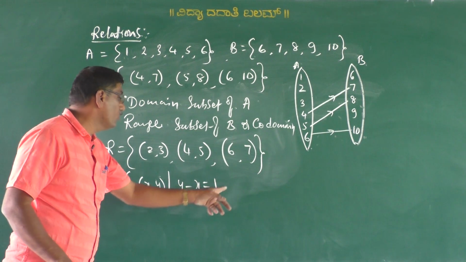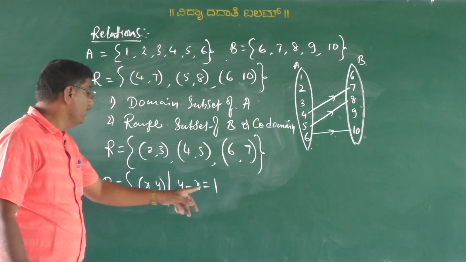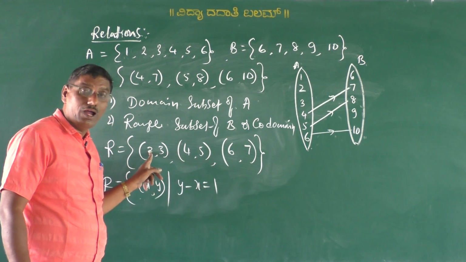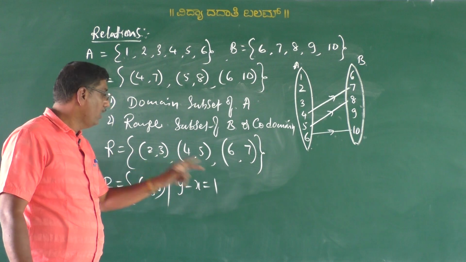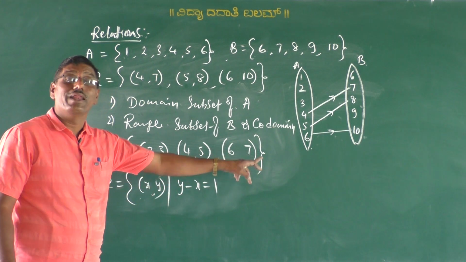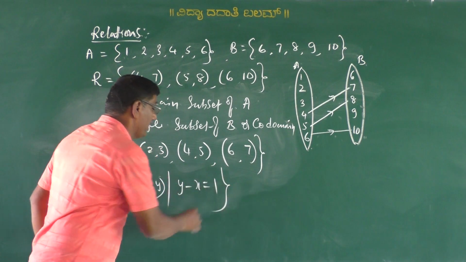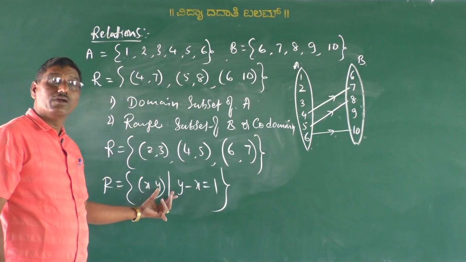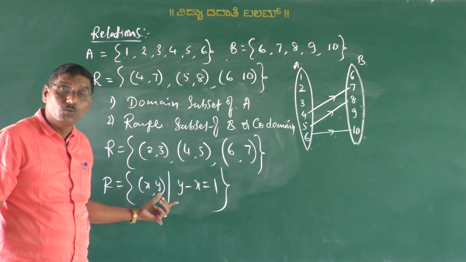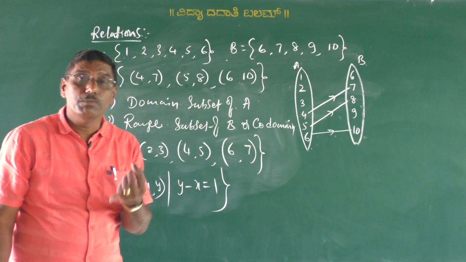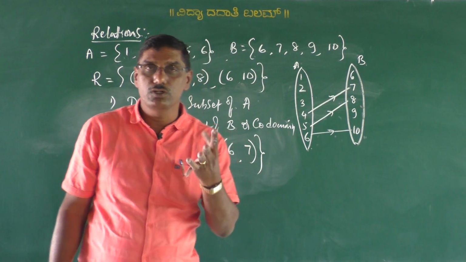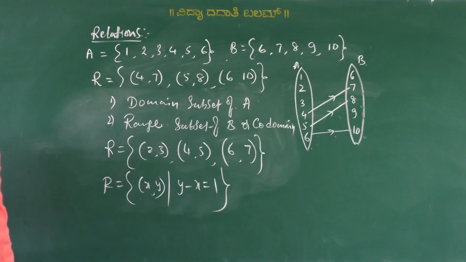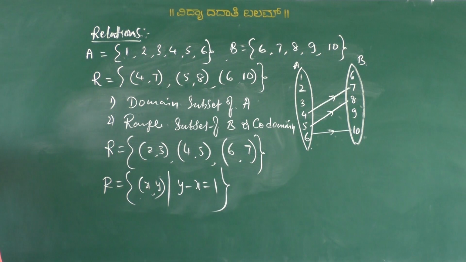Here x belongs to what? Domain, and y belongs to what? Range. This is what we call the rule method or set builder form. Are you understood? That is, relations can be represented through roster and rule method.